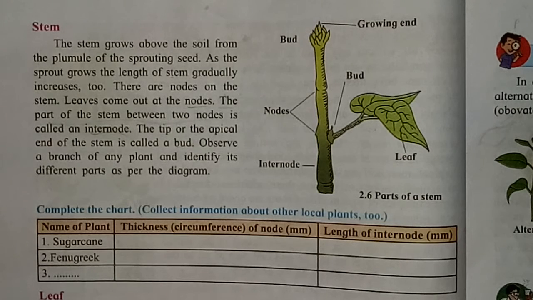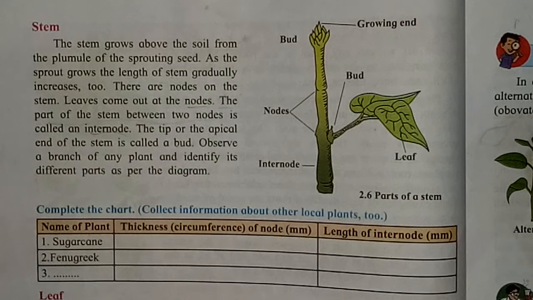What is the name of the parts of the stem, and also we'll see all the things in detail. As you can see here, in the previous lecture we have learned that when a plant starts growing, it has two parts.